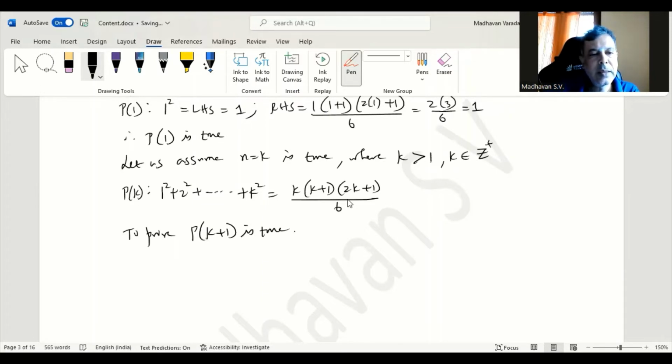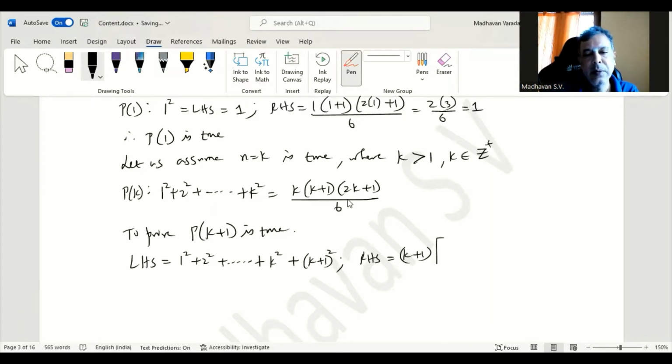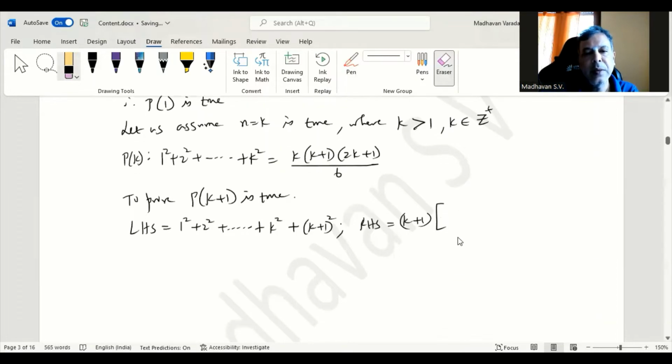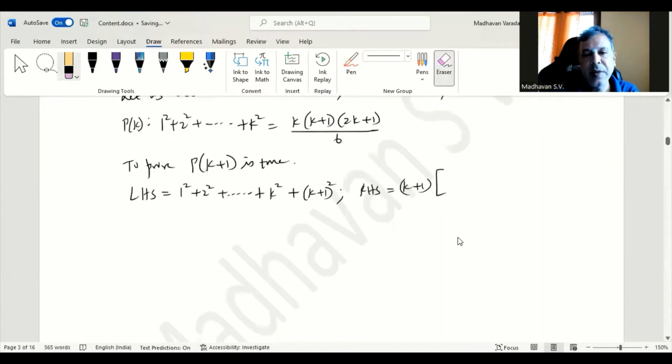So for that, we will write down the left hand side, which will be 1 square plus 2 square plus and so on plus k square plus k plus 1 the whole square. Right hand side will become now k plus 1, and then instead of k we have to replace it with k plus 1 wherever k is there.